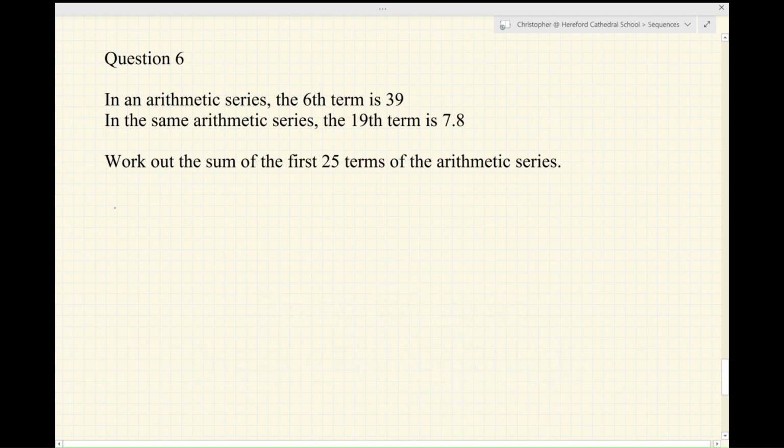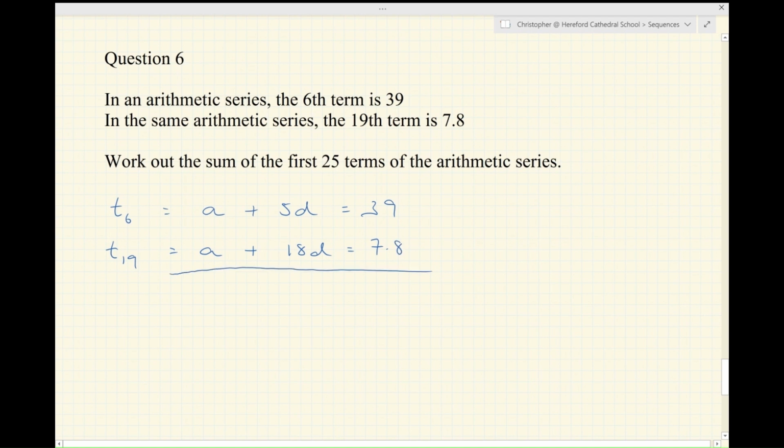Right, I'm told that the 6th term, which by the way is the first term plus 5 differences, equals 39. And I'm told that the 19th term, which by the way is the first term plus 18 differences, equals 7.8. So I can solve these equations simultaneously.